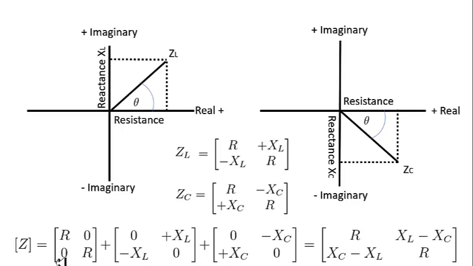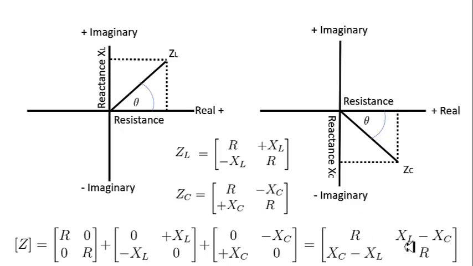In the lower left corner you add 0 minus XL plus XC, so now you've got plus XC minus XL in the lower left corner. And then you add the R plus 0 and you get the resistance here.